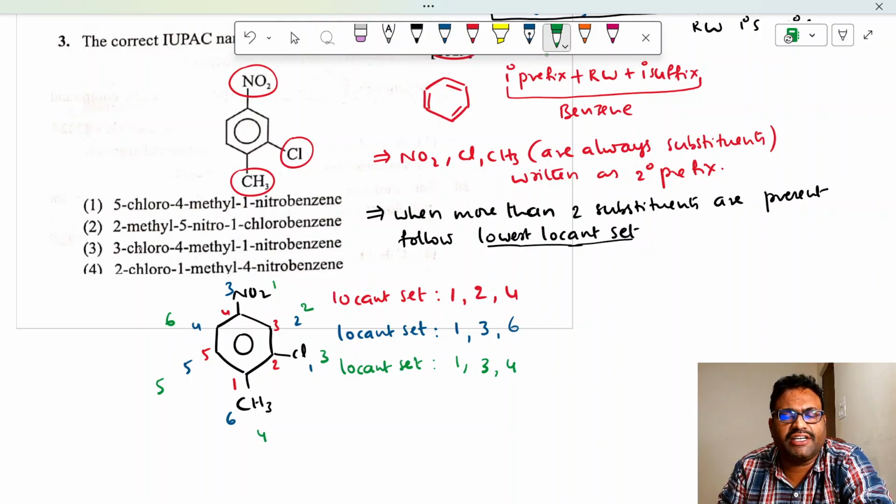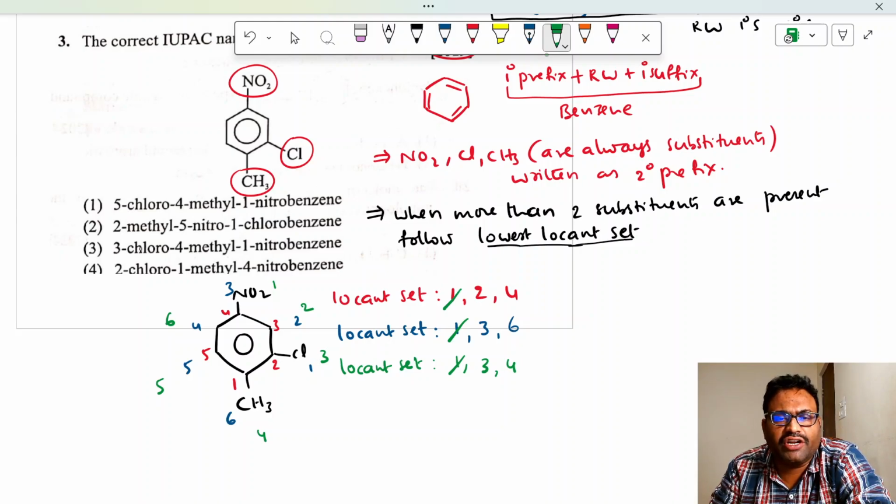After writing the locant sets, we have to compare these locants. When you compare, in the first position it is 1, 1, 1, all are the same, so we don't bother about this. Next locant, where do you find the least number when you compare these three sets?